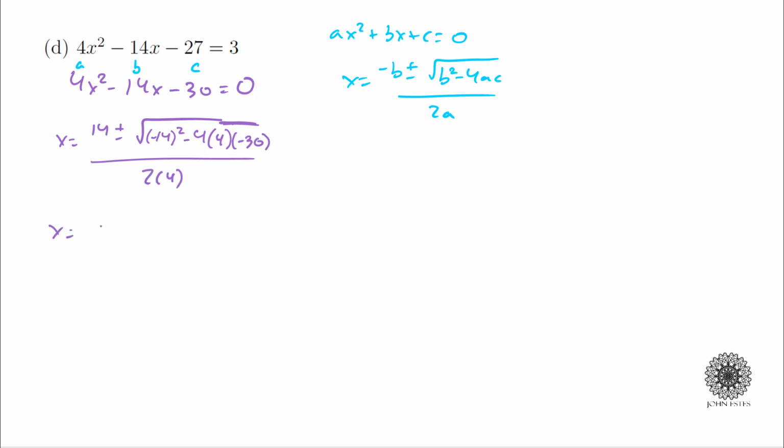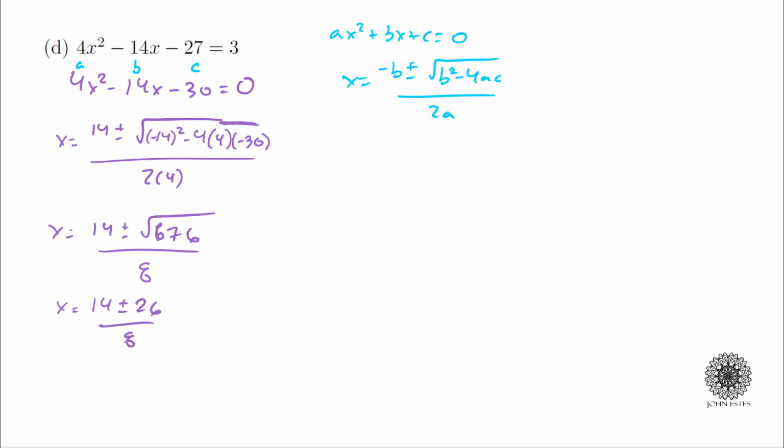So that is, after simplifying a little bit, plus or minus the square root of 676 all over 8. Okay, and it just so happens that the square root of 676 is something that we can deal with rather easily. That's 26 over 8.